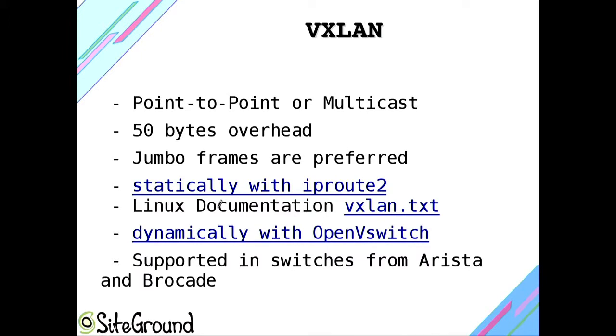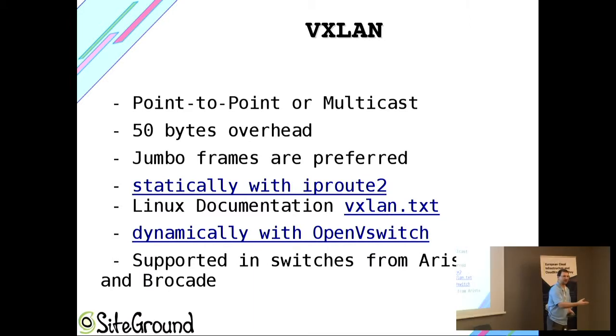because VXLAN can be point-to-point or multicast, but it is configured usually either with iproute2 or with Open vSwitch. If you're configuring it with iproute2, this means that somebody has to create these routes and these VXLAN interfaces, and then somebody has to configure them on the other machine and has to keep them in sync as a configuration.